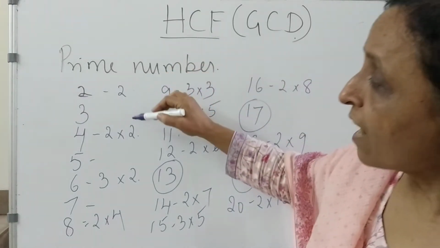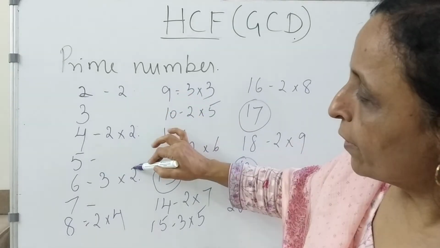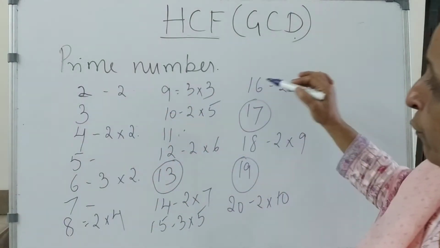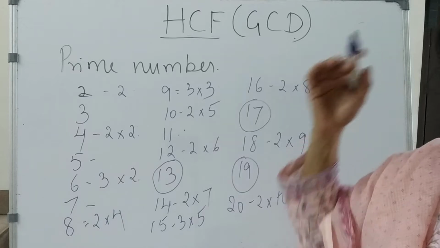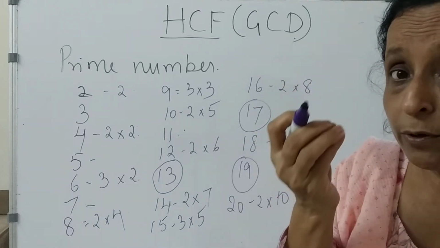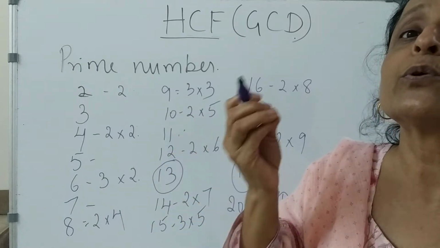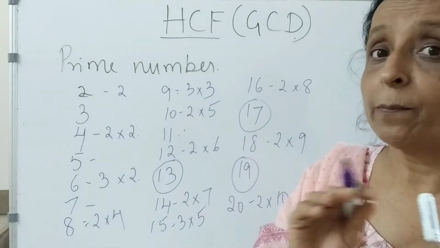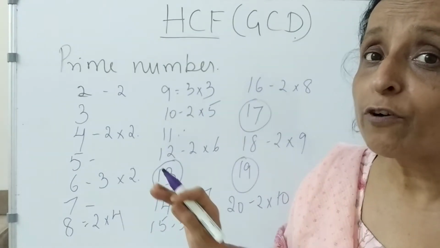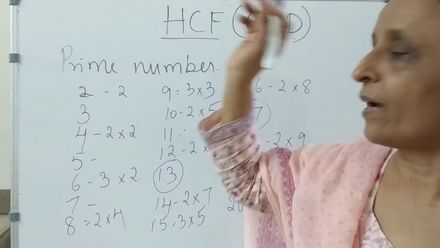So these are composite numbers which can be broken into composite numbers. You can multiply them with composite numbers, so they are composite numbers. But the ones which do not have composite factors are prime numbers.